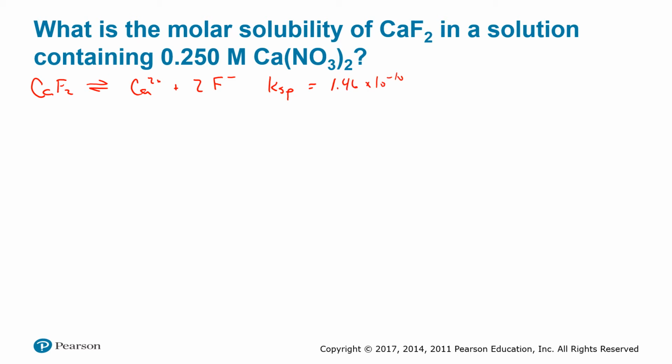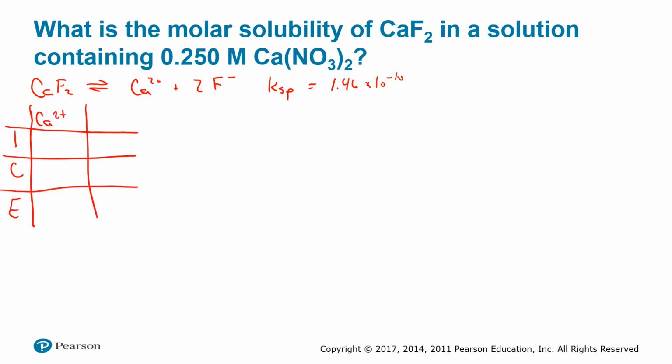All right. Now the ICE table. We've got calcium, we've got fluoride. Initially, since calcium is already in the solution, we're at 0.25 molar, and the fluoride is at 0.